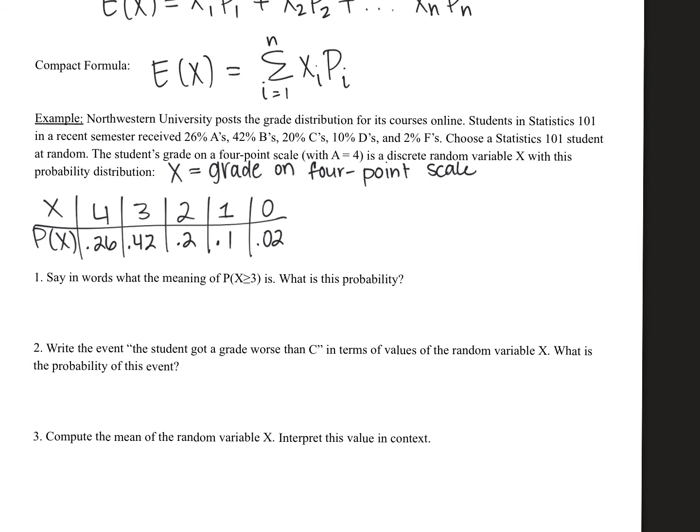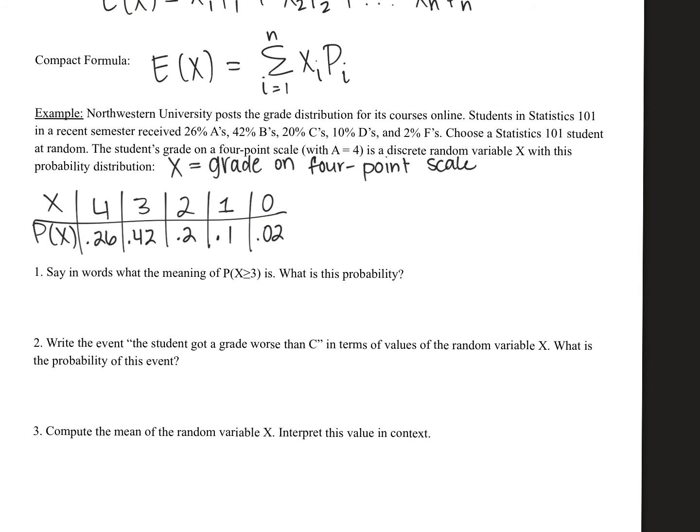So let's talk about some probabilities. Say in words what the probability X greater than or equal to 3 means. If we take our 4-point scale and convert it back to a grade, you're saying you get an A or a B. So you earn a grade of B or better.